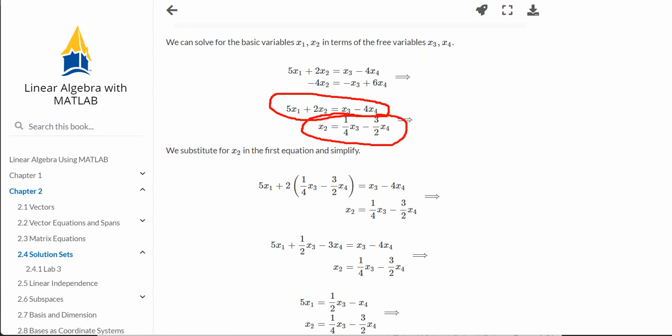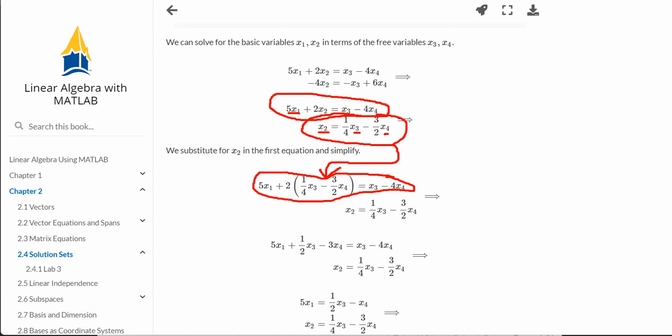So x sub 2 is a basic variable because it corresponds to a pivot, as is x sub 1, but x sub 3 and x sub 4 are free variables, okay? We can substitute in for x sub 2 in the first equation once we have a value for it.